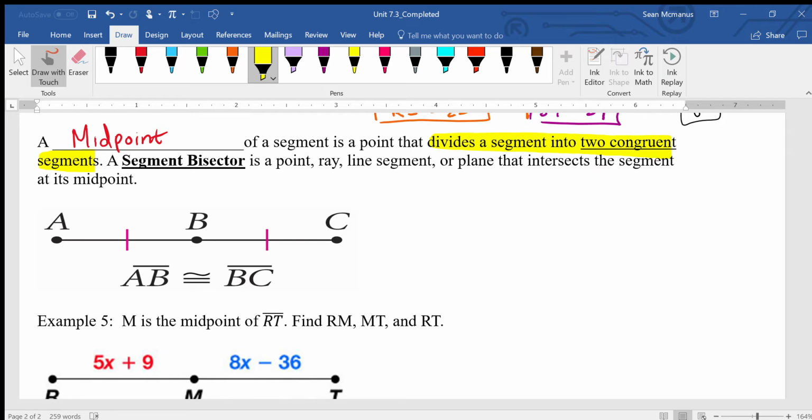So like we see in this section here, I have points A and C in this line segment AC. Point B is right in the middle, and that means that the first portion from A to B and then from B to C are going to be equal lengths.